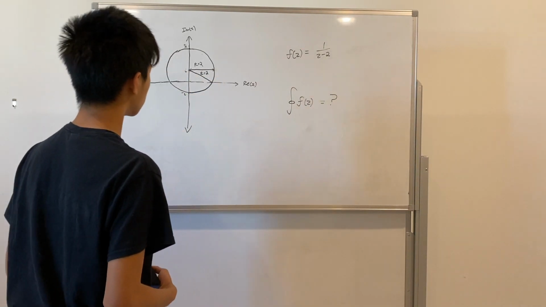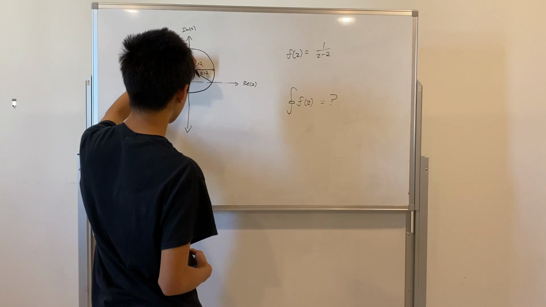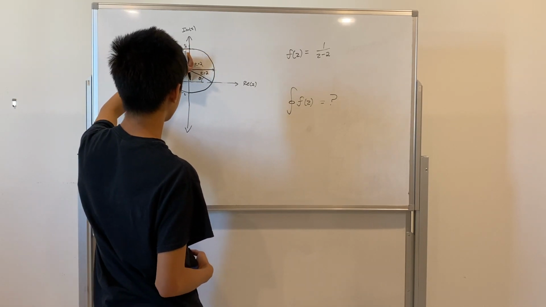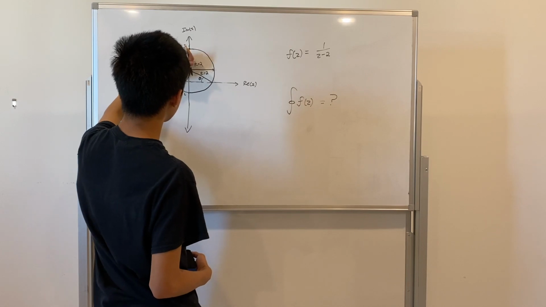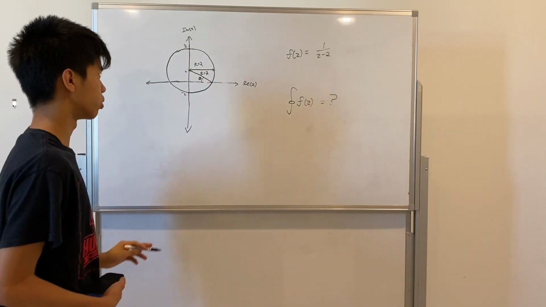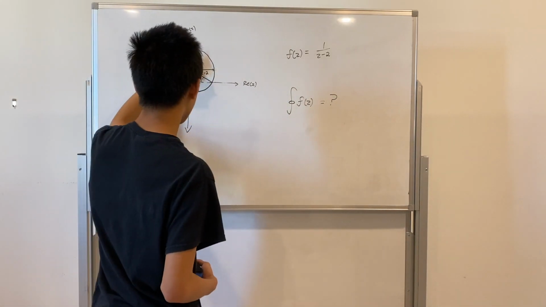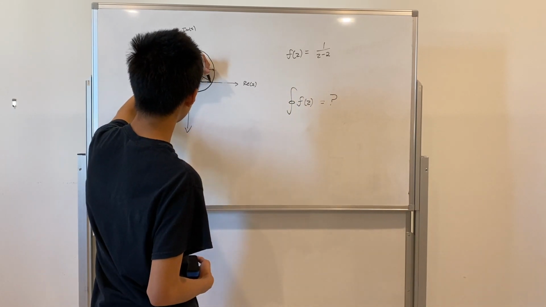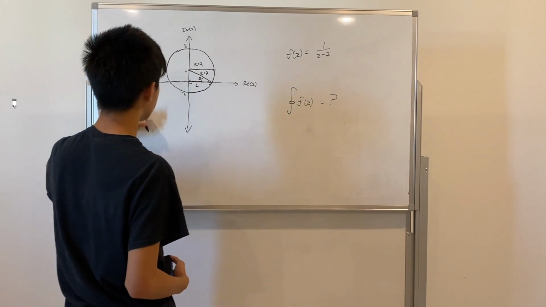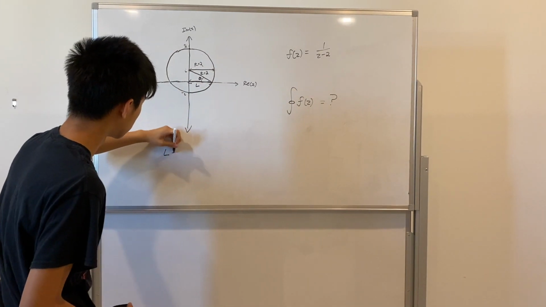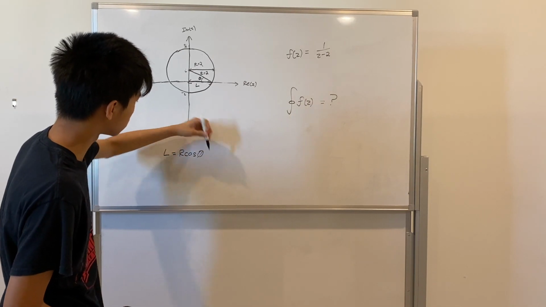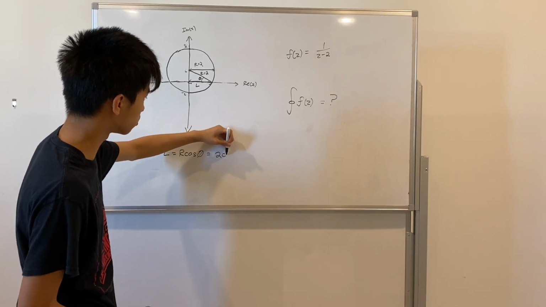But what we do know is that there's an angle theta here, and this is a non-zero angle, which means that this side length over here, which I'll just call L, is equal to r cosine theta, or 2 cosine theta.